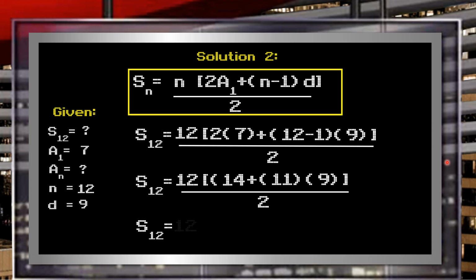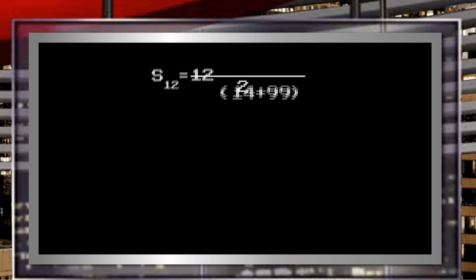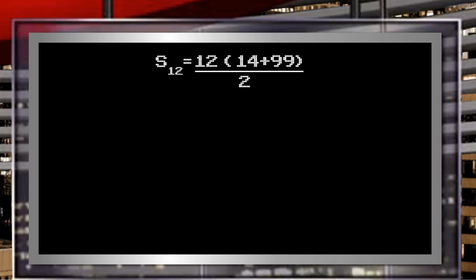S sub 12 is equal to 12 times 14 plus 11 times 9 is 99 divided by 2. Ayan. So, nire-write ko lang ulit. So, S sub 12 is equal to, yan yung kanina, 12 times the quantity 14 plus 99 divided by 2.